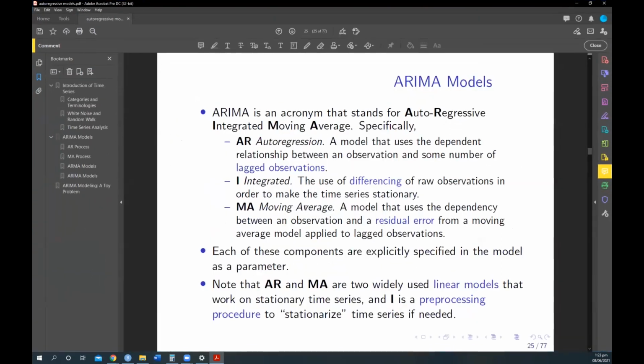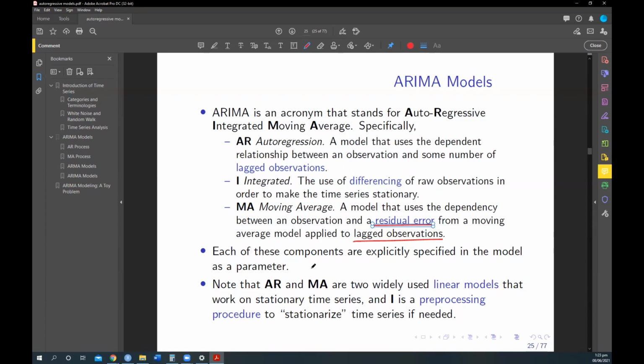And then what is moving average? We will discuss this as well. This is just a model that uses the dependency between an observation and a residual error from a moving average model applied to lagged observations. So each of these components is explicitly specified in the model as a parameter.